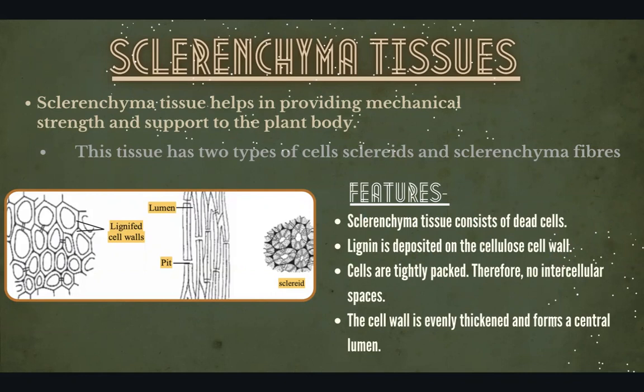Cells are tightly packed, therefore no intercellular spaces. Common to collenchyma, the cell wall is evenly thickened and forms a central lumen. Here you see the lumen, lignified cell walls, pit, and here the sclereids.